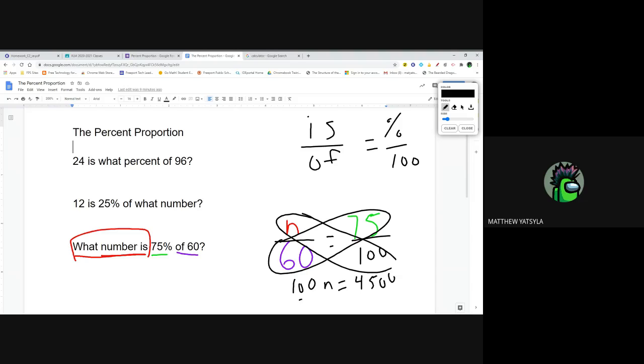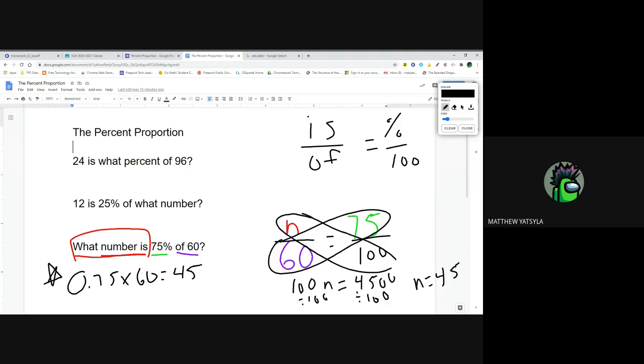If I divide both by 100, we get N equals 45. Now, alternately, you could have just done 0.75 times 60 and gotten 45. So yes, this is still allowed. This is still perfectly fine. All right. But at the same time, it also works as a proportion.